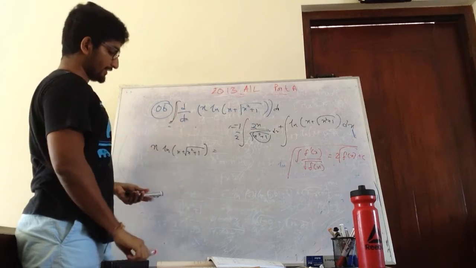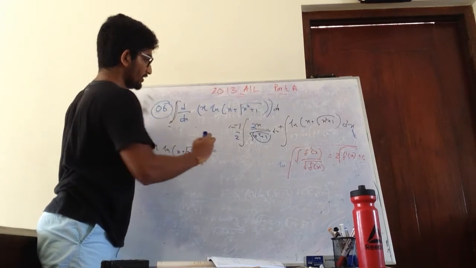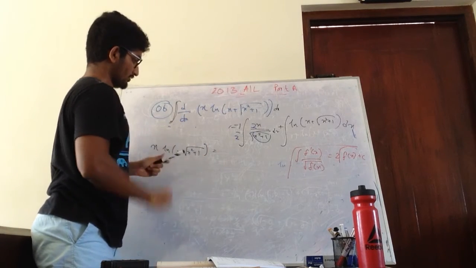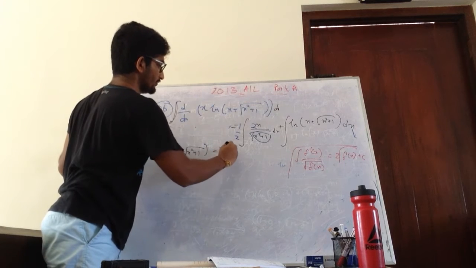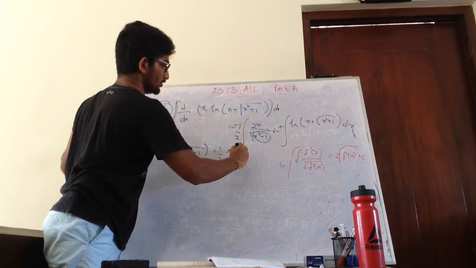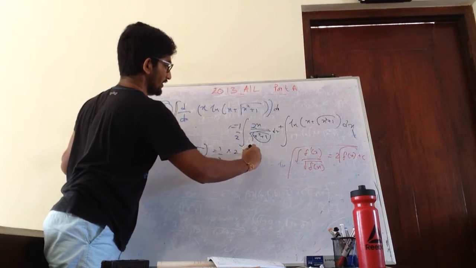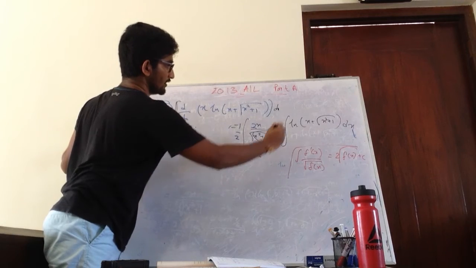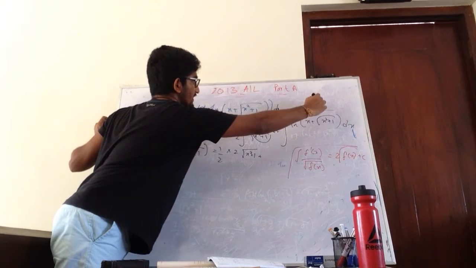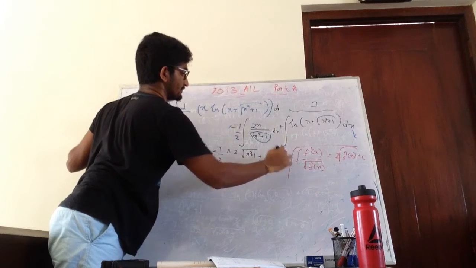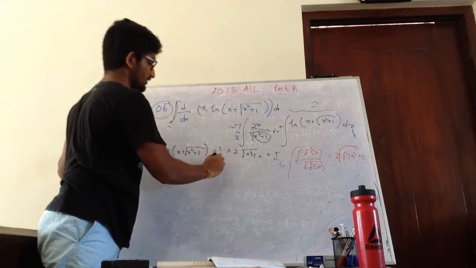Okay, so I'm going to apply that here. So that will be half into 2 times square root of x square plus 1 plus this part. I'm going to put this as I. Okay, so this gets cancelled off.